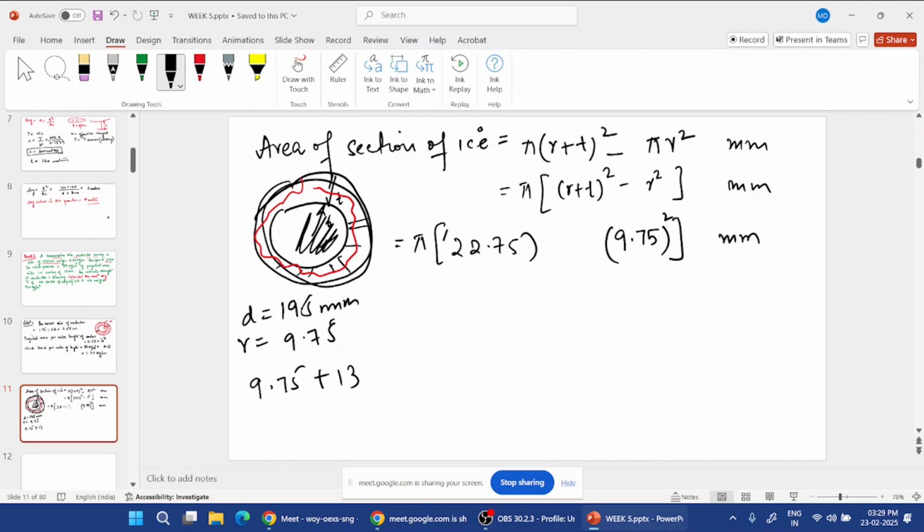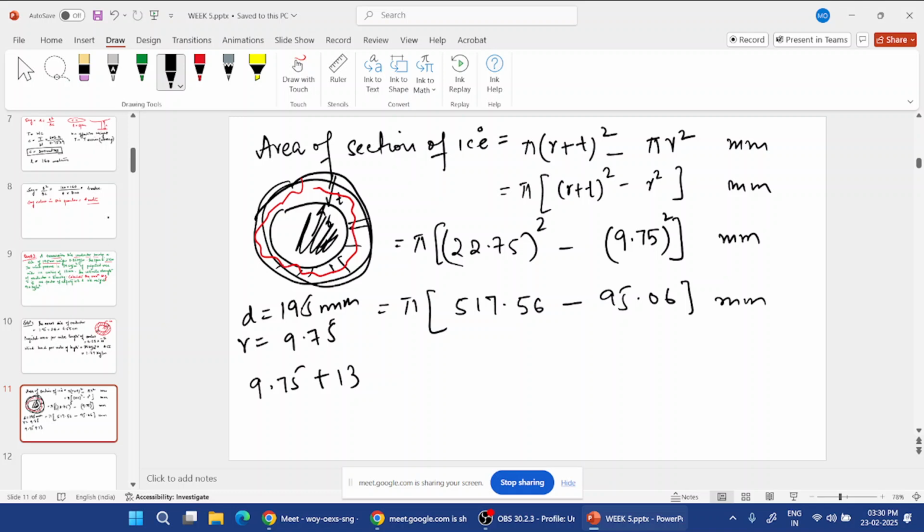22.75 square minus this. By the use of calculator, we calculate this pi comes out 517.56 minus 9.75 square. It comes out to be 95.06 in mm. Make sure this calculation is being done in the mm.